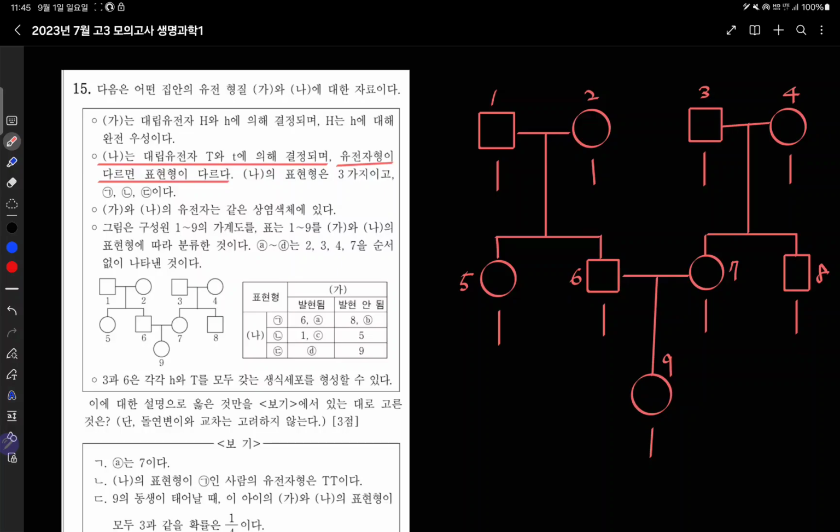So there are three phenotypes for the second trait. Two genes are located on the same autosome.